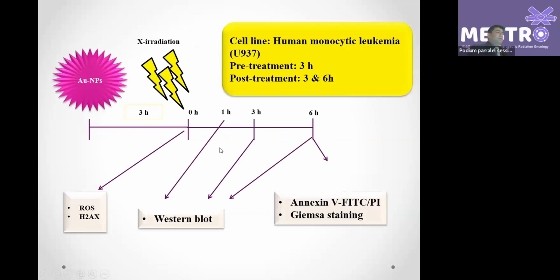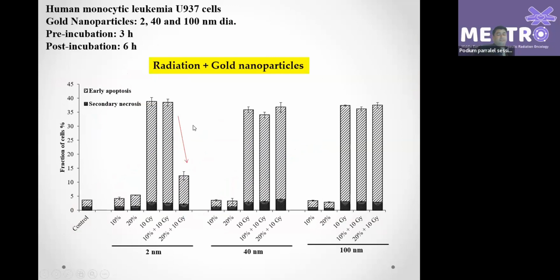These are the experiment protocols. We irradiate our cells and then perform a lot of endpoint assays to check our hypothesis. This is our first result. We compare sizes of gold nanoparticles at 2 nanometer, 40 nanometer, and 100 nanometer, combined with a dose of 10 gray.